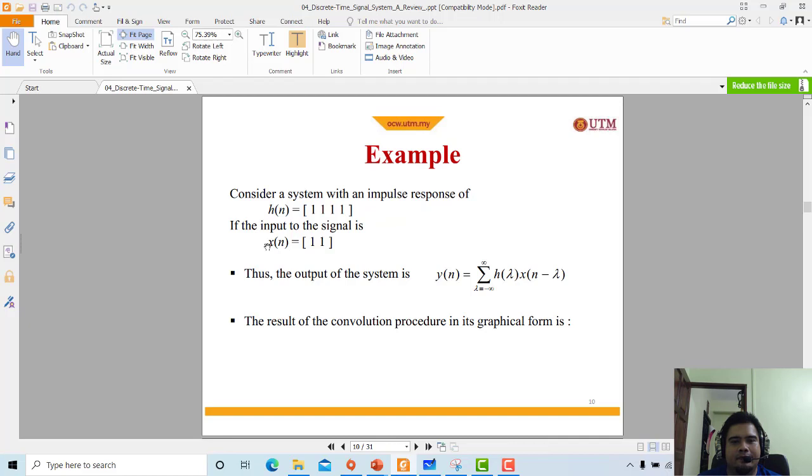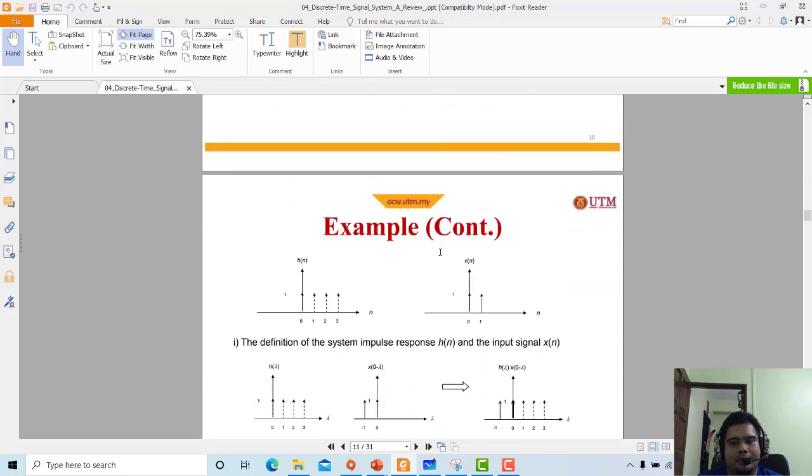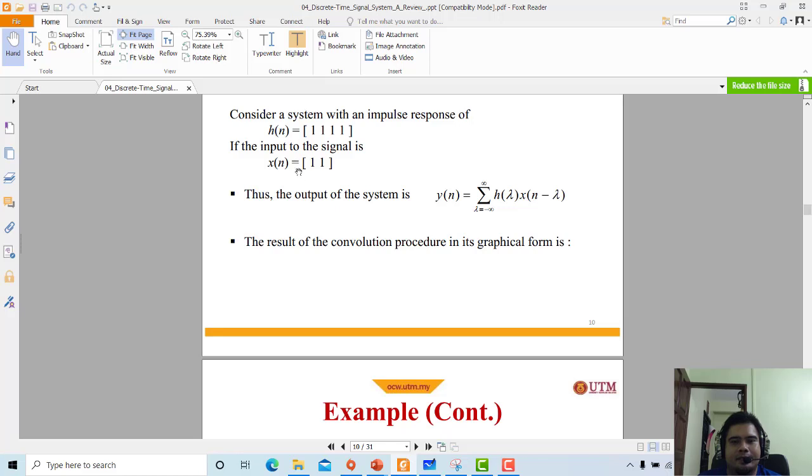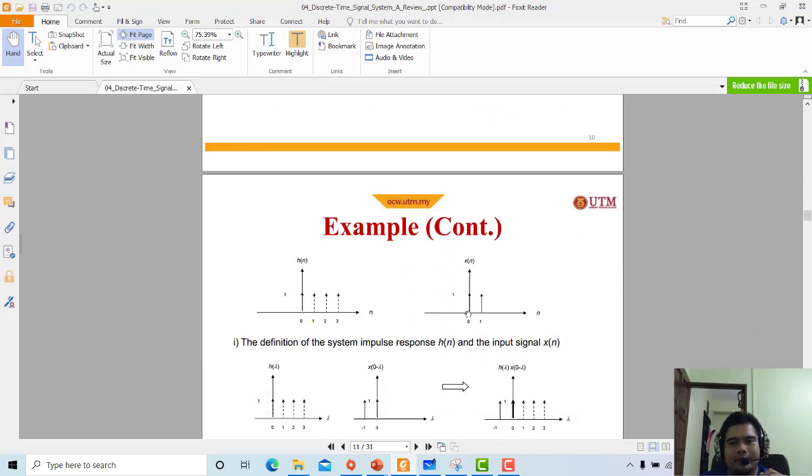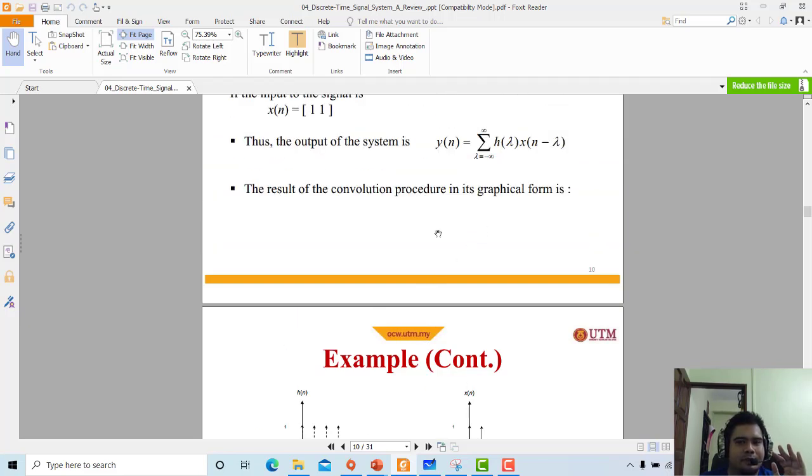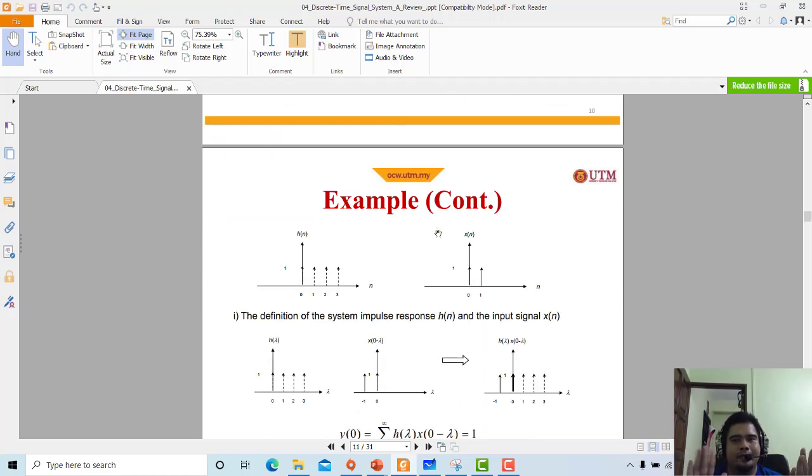You have given the input x[n] like this, and then h[n], and when you draw the diagram, your x[n] is represented by only two impulse responses. So instead of x[n] convolve with h[n], it's better to take h[n] convolve with x[n], because in the convolution process, if you remember, you need to flip one of them.